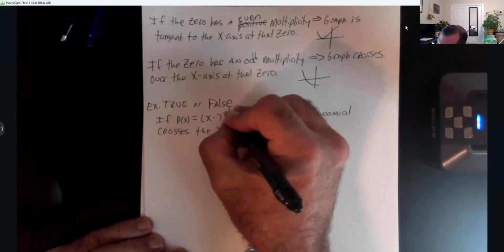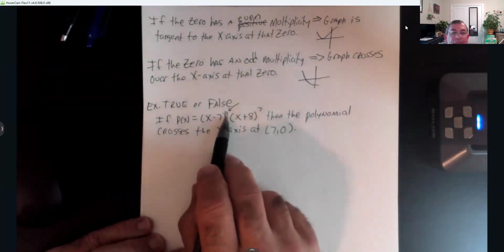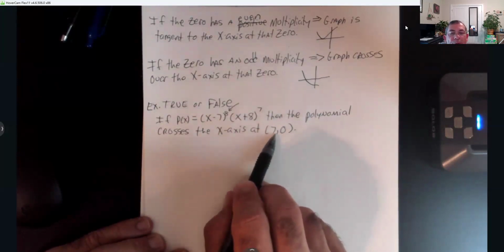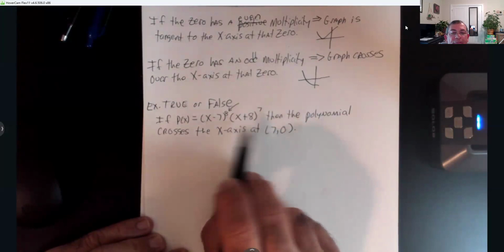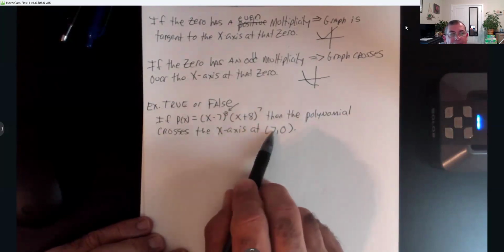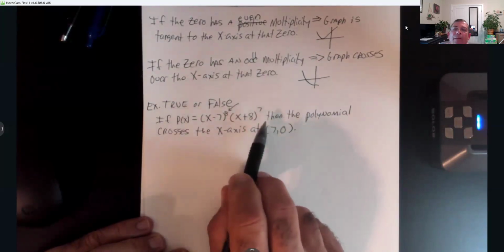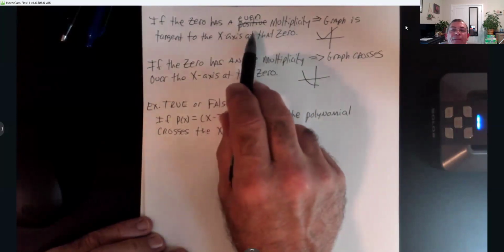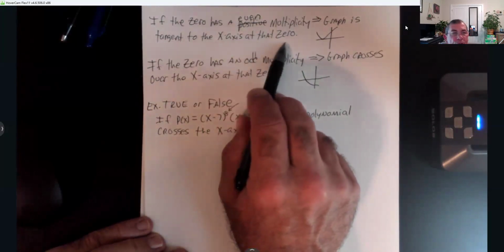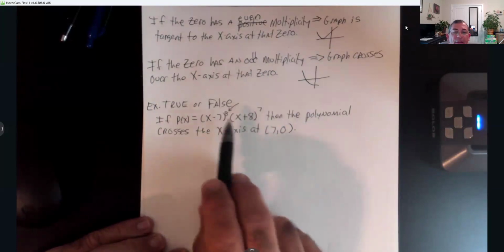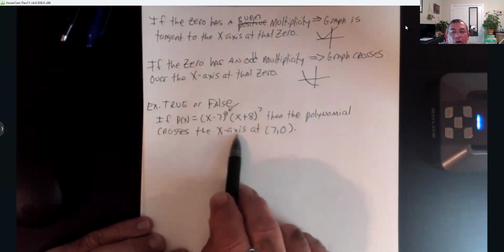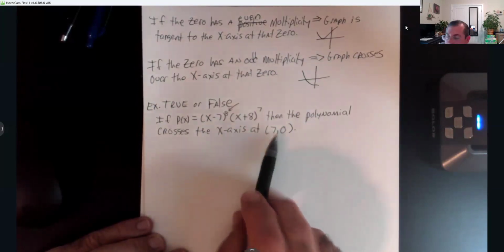It has a multiplicity of 8. So since this polynomial has a multiplicity of 8 at this zero, remember we said if it was even, it was tangent to the x-axis. Well, they're saying that it crosses the x-axis at this point.